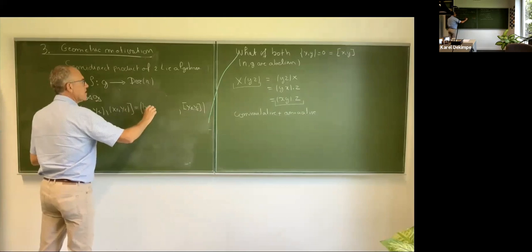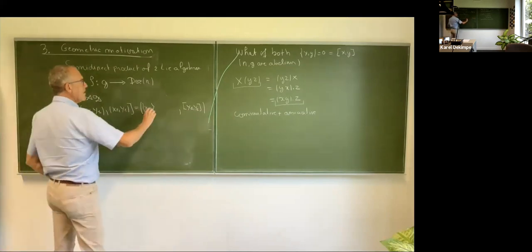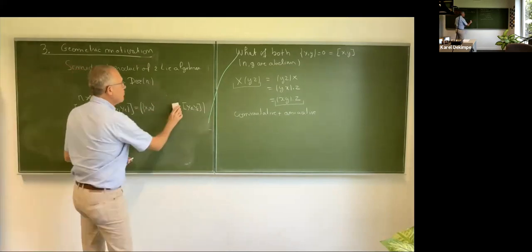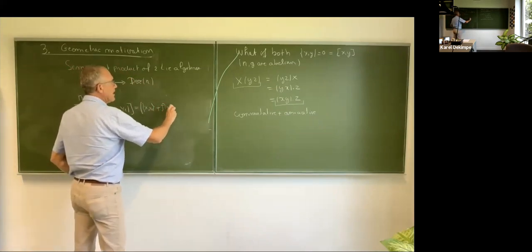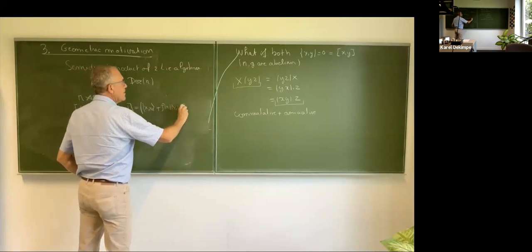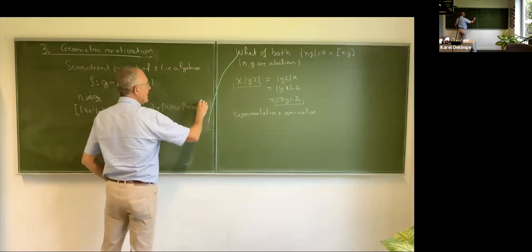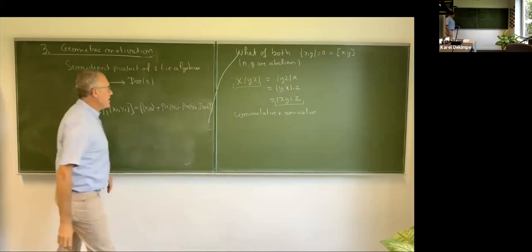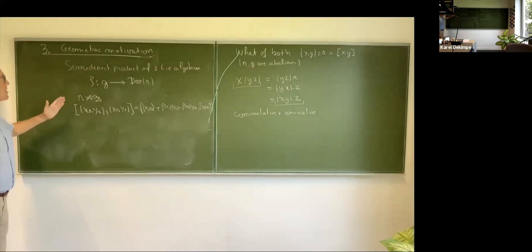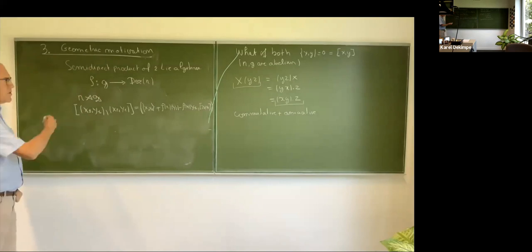So this is the curly bracket of the x's, plus ρ of x1 acting on y2 minus ρ of x2 acting on y1, and then I have this bracket. So this is how you can define a new Lie algebra having such a map from G to the derivations of N. It's an easy exercise to show that this is indeed a new Lie algebra.